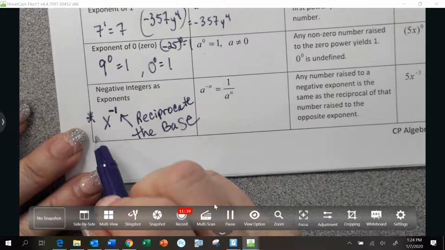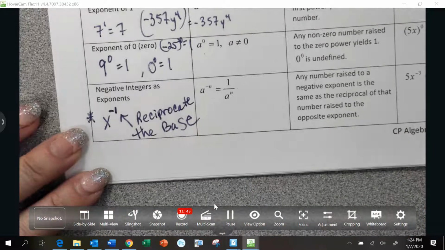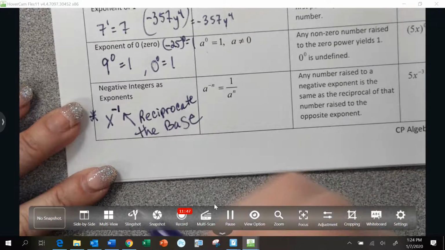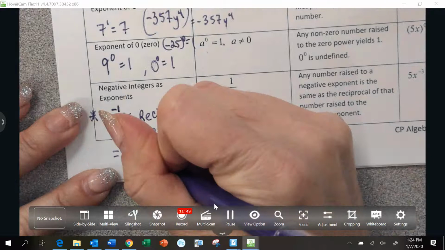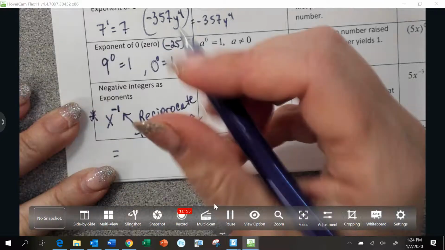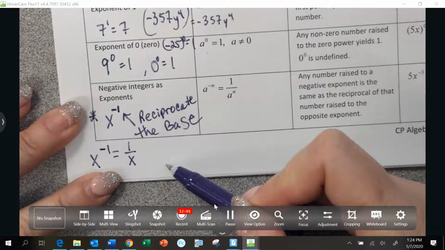So if I have x to the negative 1 and I reciprocate, what is the reciprocal of x? 1 over x.